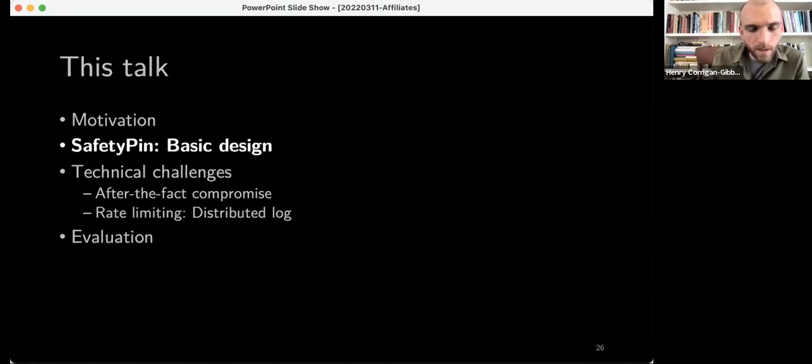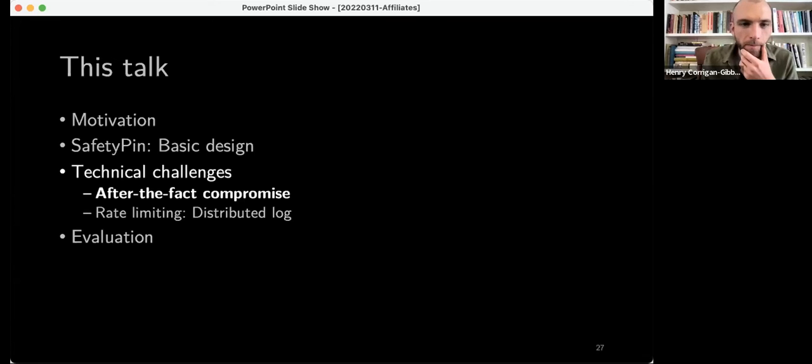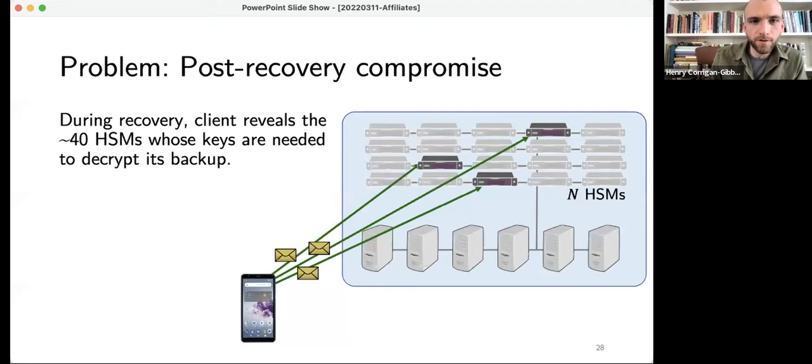So cool. Let me talk now about two technical challenges that we had to solve to make this work that are not addressed in the basic design. The first one is that, as I was stepping through the recovery process, you'll notice that the client reveals during recovery which hardware devices it needs to talk to in order to decrypt its backup. For example, this phone needs the secret of this HSM and this HSM and this HSM to recover its backup.